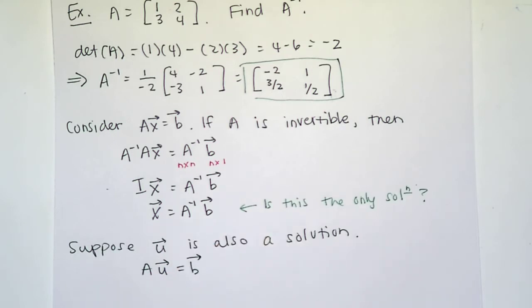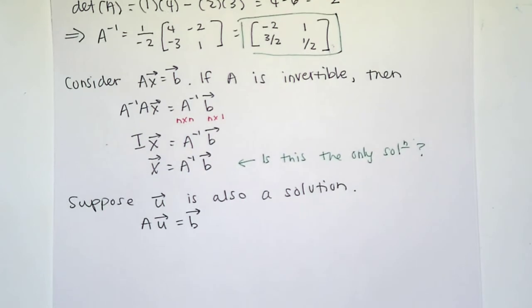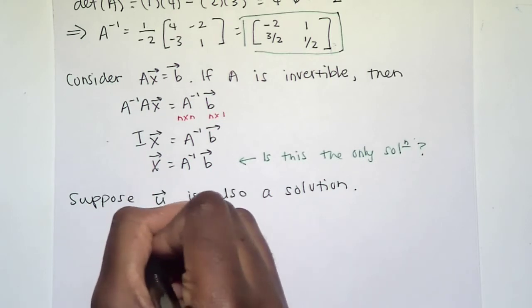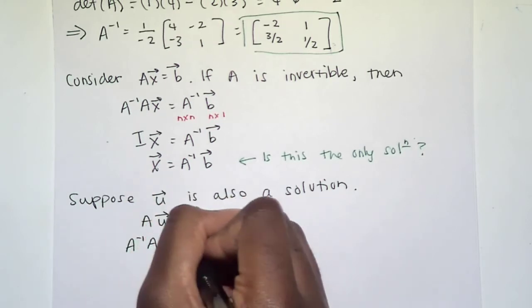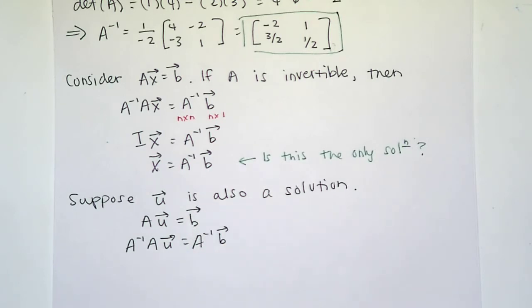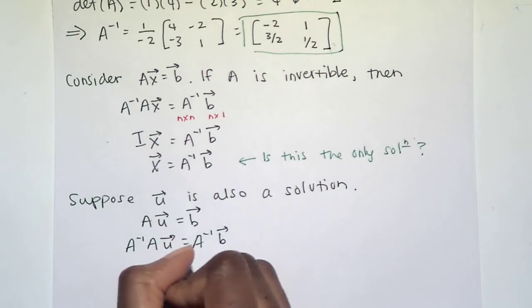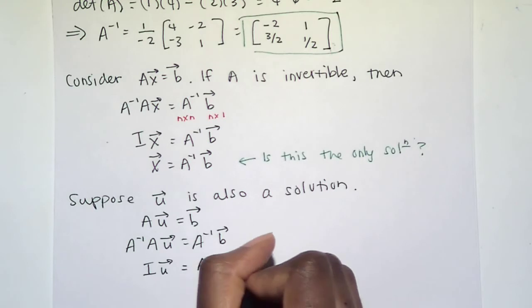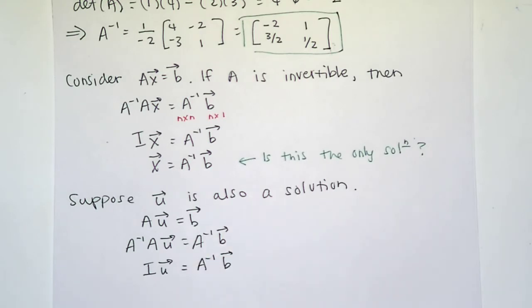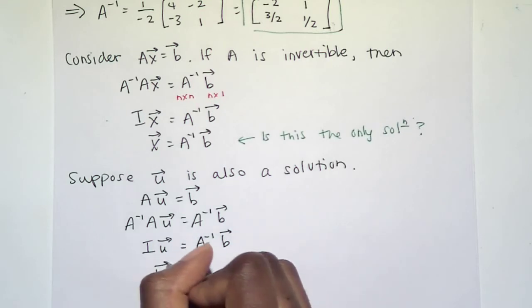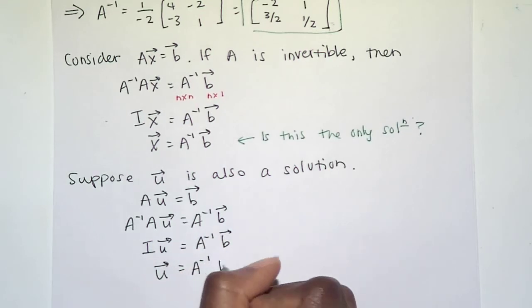If U is a solution. All right, I'm going to do the same thing. I know that A is invertible, so I'm going to multiply by A inverse on both sides here. I see I have the identity as we expect. Which means U equals A inverse B.